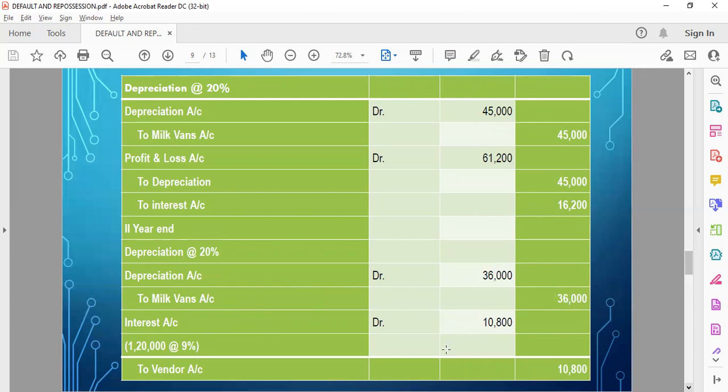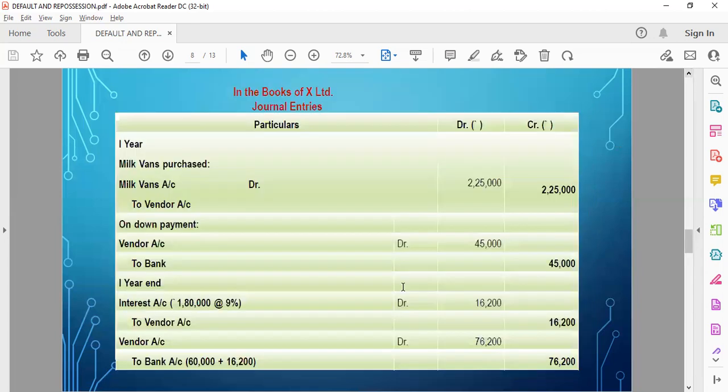Next, interest account debit to vendor account. We should calculate the interest on the balance amount, because we have already made one payment. Here 60,000 we paid, that is 1,80,000 divided by 3, plus the interest also we paid.